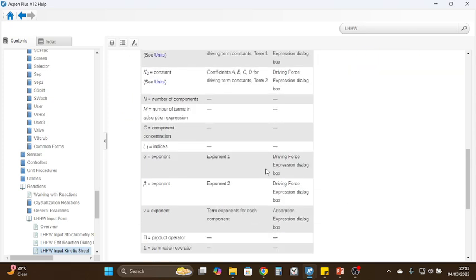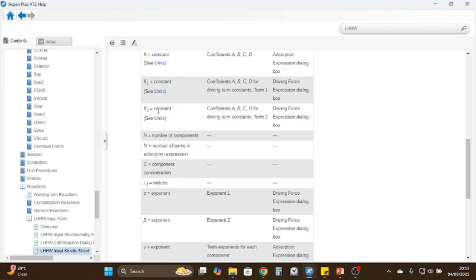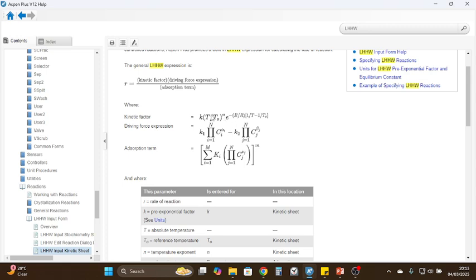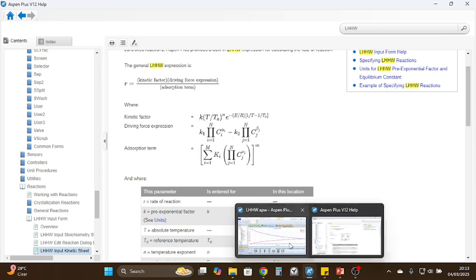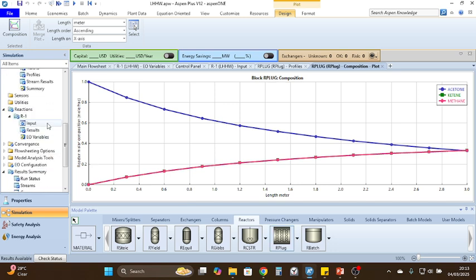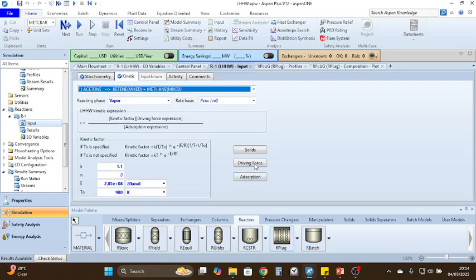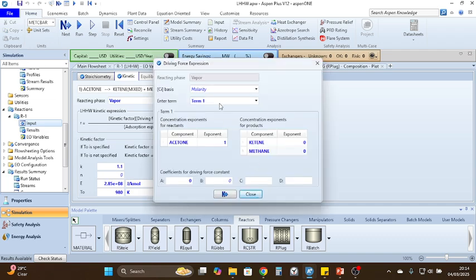So over here, if you see this, these are constant values, the coefficients A, B, C, and D for the driving term constants. So when you are trying to evaluate this particular term over here, what you need is to turn one.